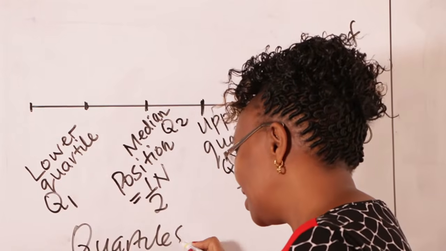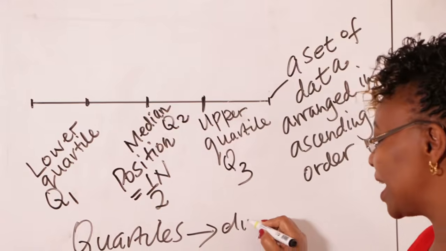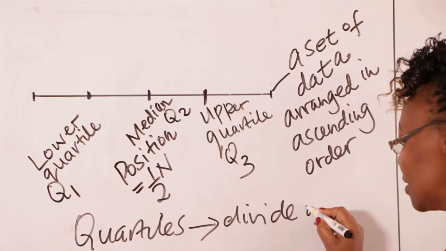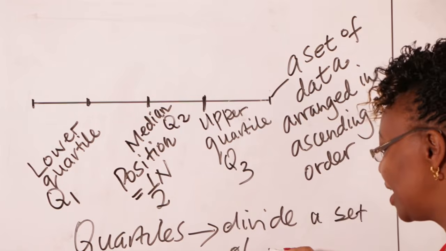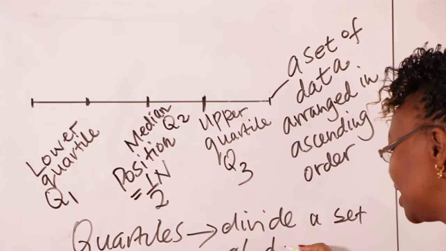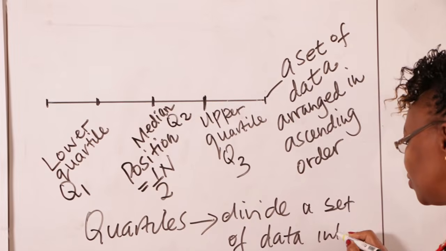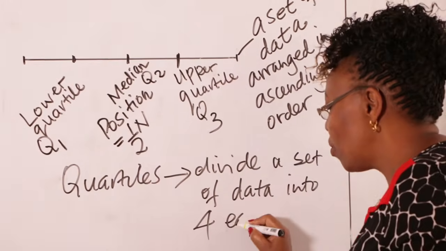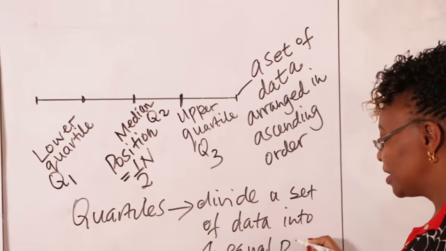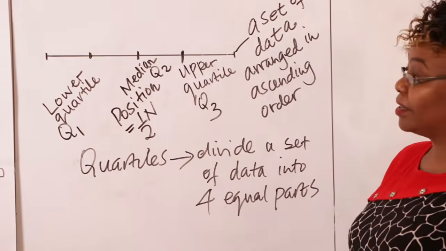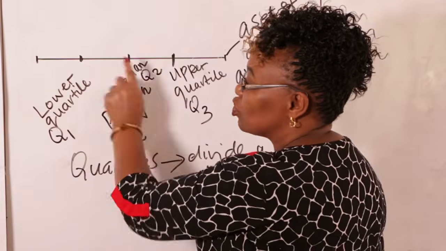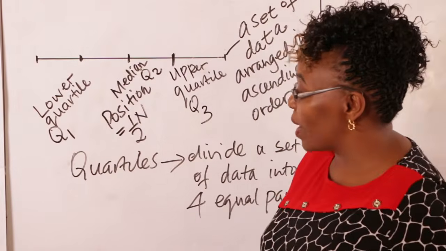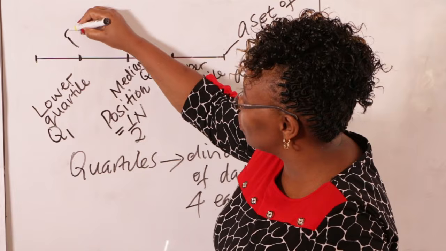Quartiles divide a set of data into 4 equal parts. Yes, 4 equal parts. Now, what is the position therefore of our Q1?